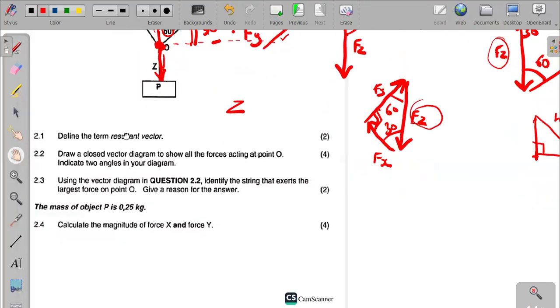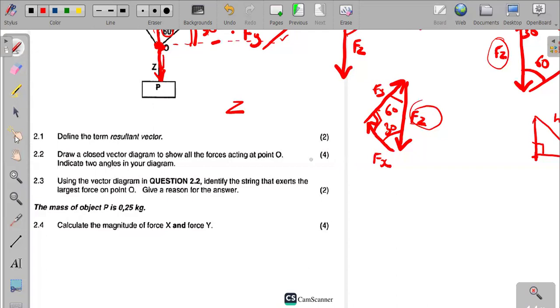It's saying calculate the magnitude of the force X and the force Y, given that the mass of the object P is 0.25 kg. So the first thing that we are to do is calculate W, the weight. What do we get?